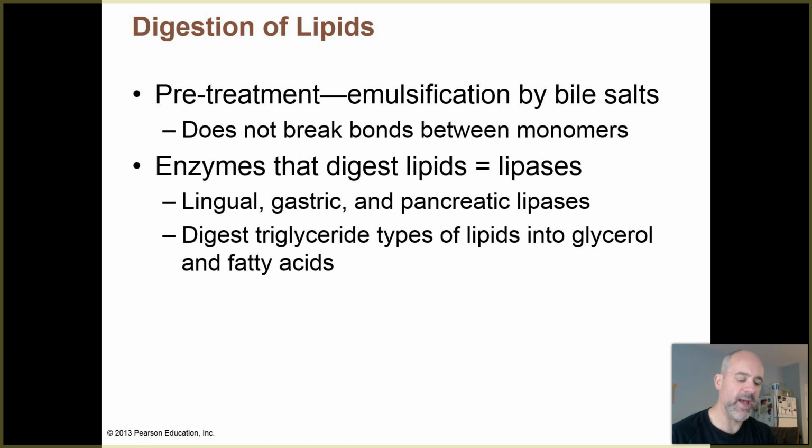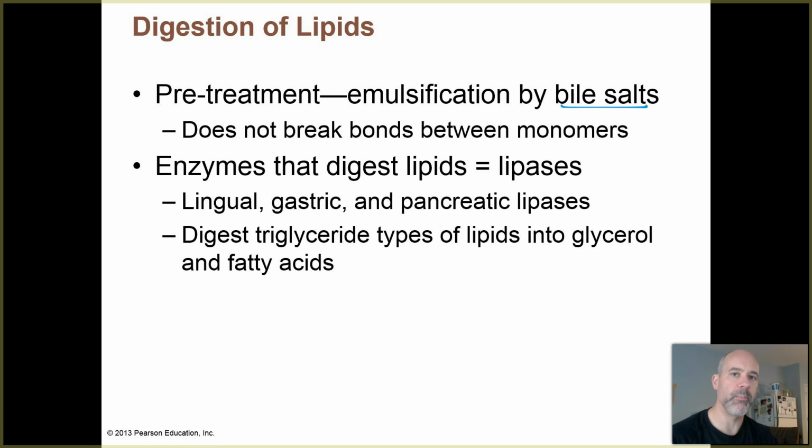Same thing with fats. Lipids do not dissolve in water. They don't become surrounded by the water in our body fluids very easily because they are hydrophobic. And that's where those bile salts came in, like we talked about in an earlier lecture. The bile salts produced by the liver, and which are contained in the bile, surround fat molecules and help them become covered with water around the outside.